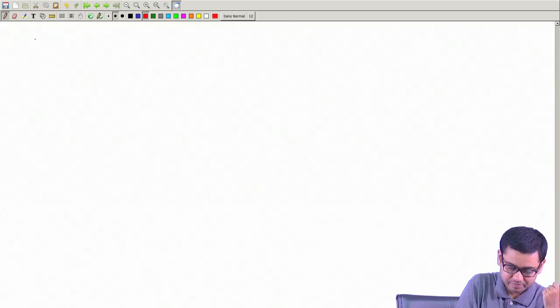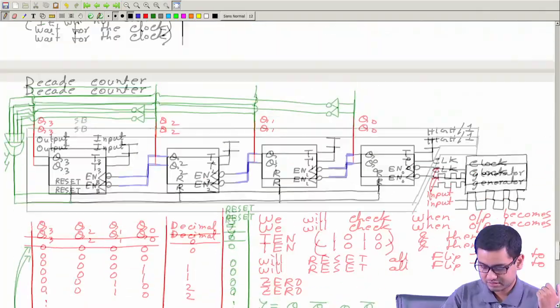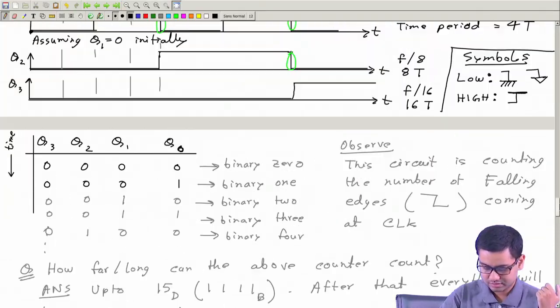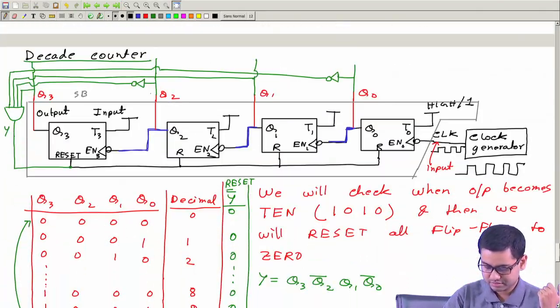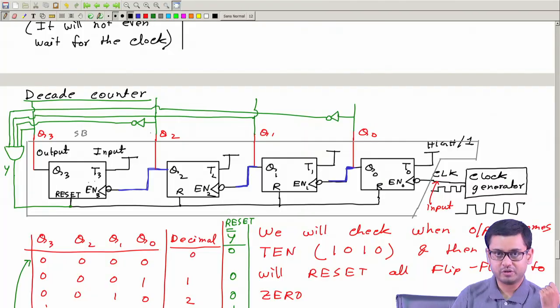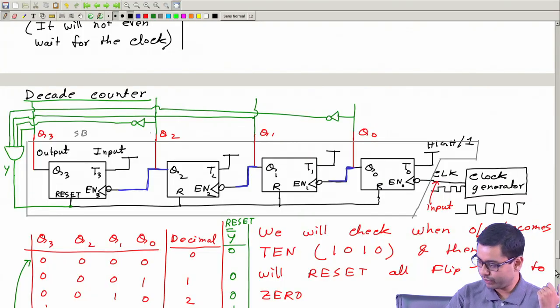Now, so we have seen two things. We have seen the decimal decade counter, which is here. This is a decade counter. Okay, we have seen how it works.